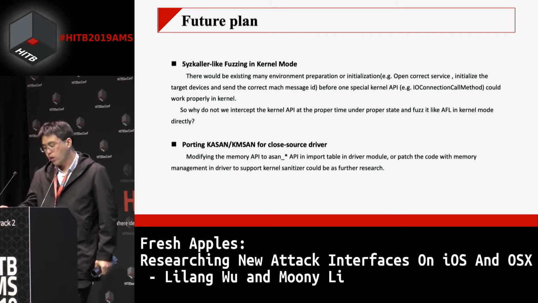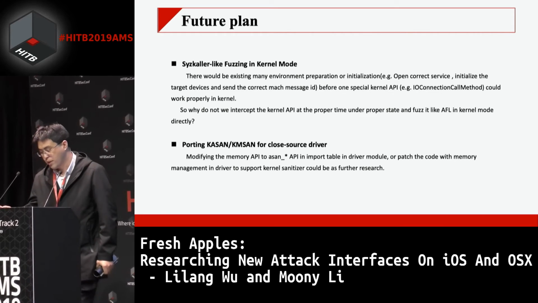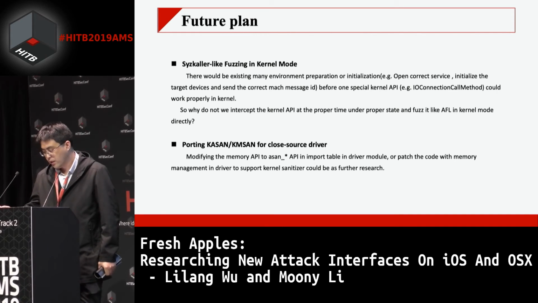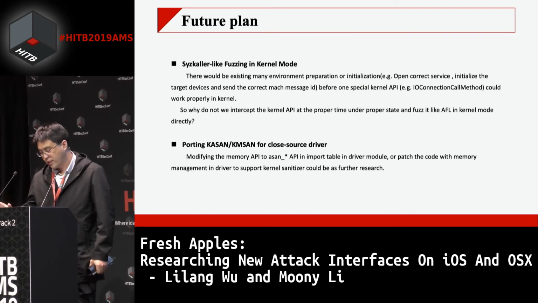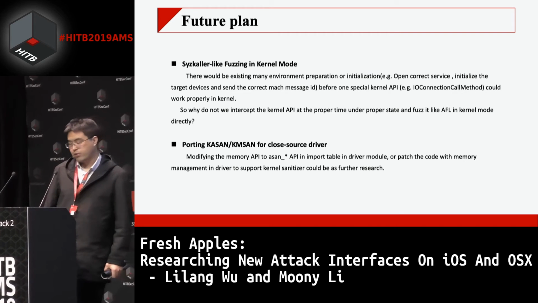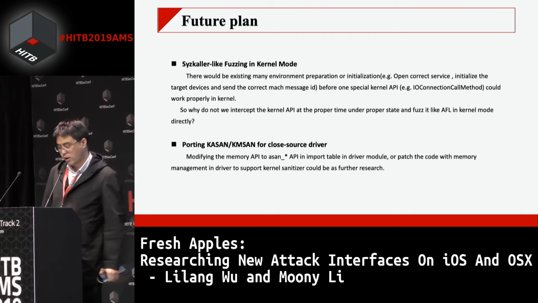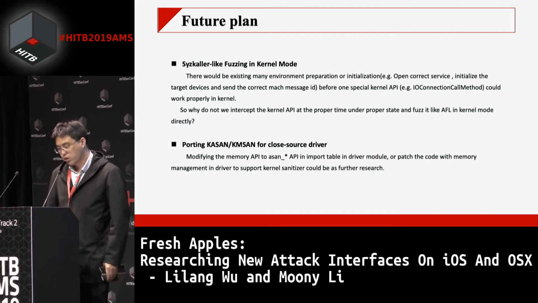So why not intercept the kernel API at the proper time and the proper state and fuzz it like AFL in kernel mode directly? This is one of the plans we are working on, implementing AFL-like fuzzing in kernel mode.